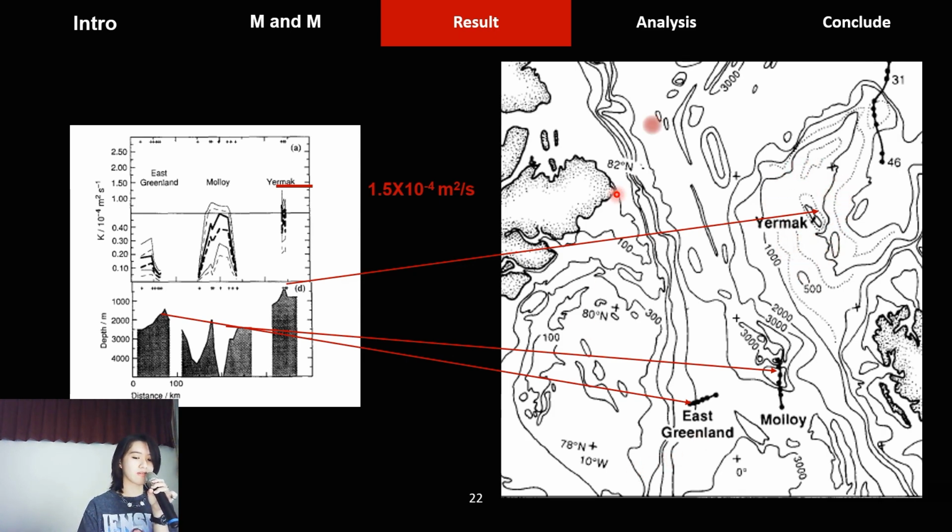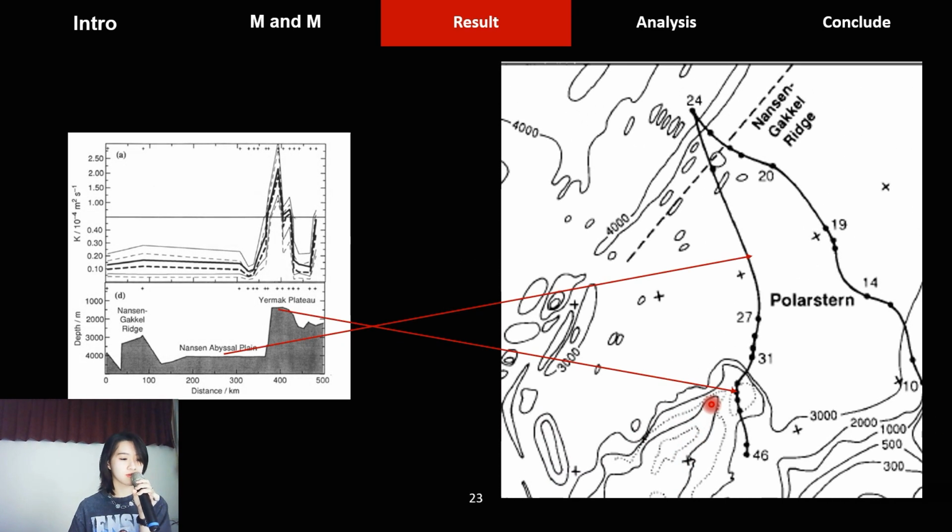And then the K value has the minimum in here, which is the flattest area. And moving to here, you can see the K value has the greatest number in here and has the minimum at the plain, like here.